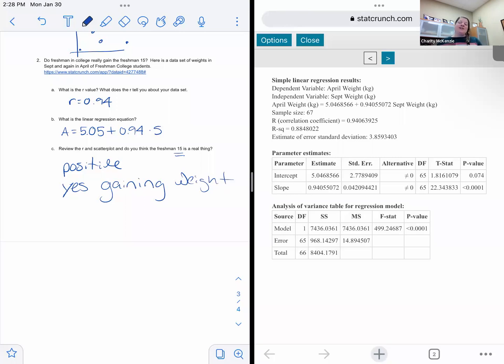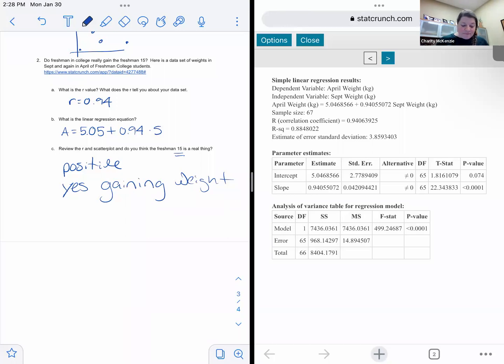But I don't know that you can actually say that they're gaining 15 pounds because it's not in pounds. I know that's probably not the best example, but I liked it, and they called it the freshman 15, even though it's in kilograms. I could have converted them all to pounds, so it'd make a little more sense for us, but I think you get the point.